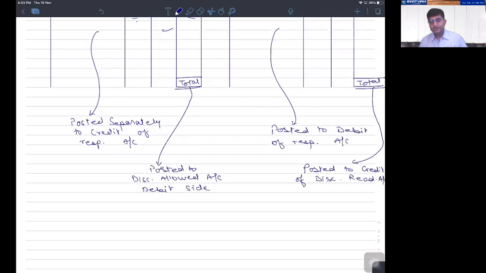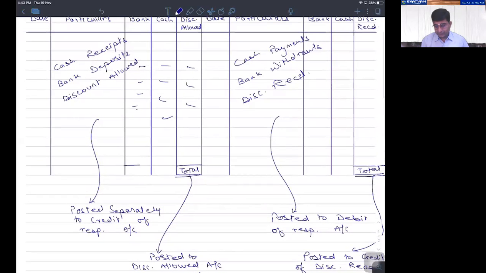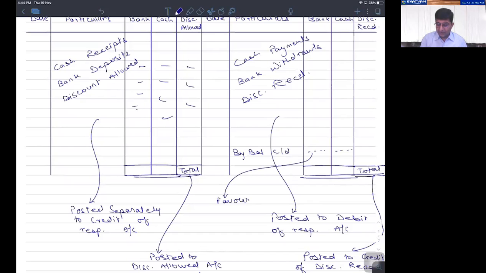Am I right? Now, as far as the cash column is concerned, the cash column can have the debit balance only. If I write by balance carried down, the closing balance of my cash column and my bank column, in this case, this cash bank column balance will be called as favorable balance. Why favorable?